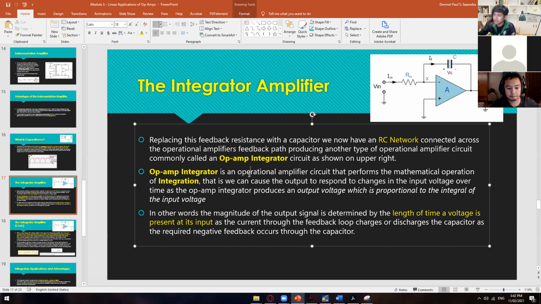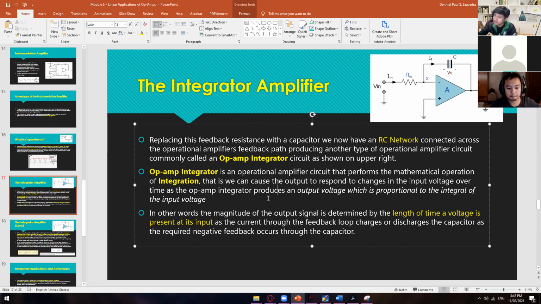The op-amp integrator is an operational amplifier circuit that performs the mathematical operation of integration. That's why it's called an integrator.